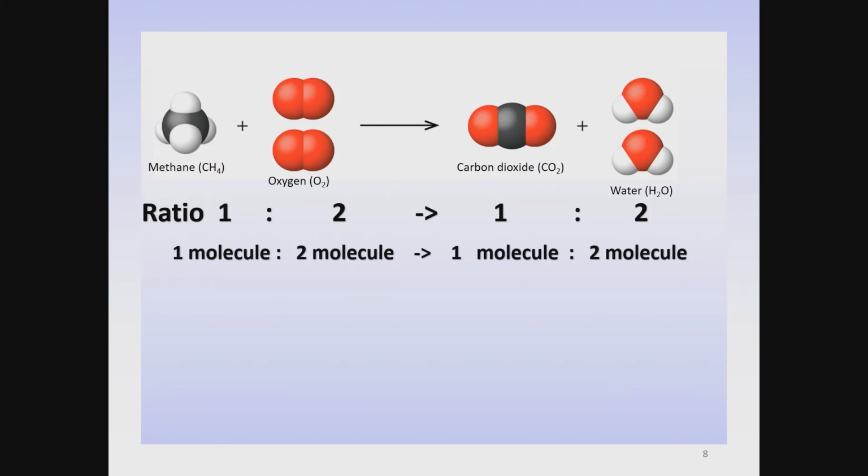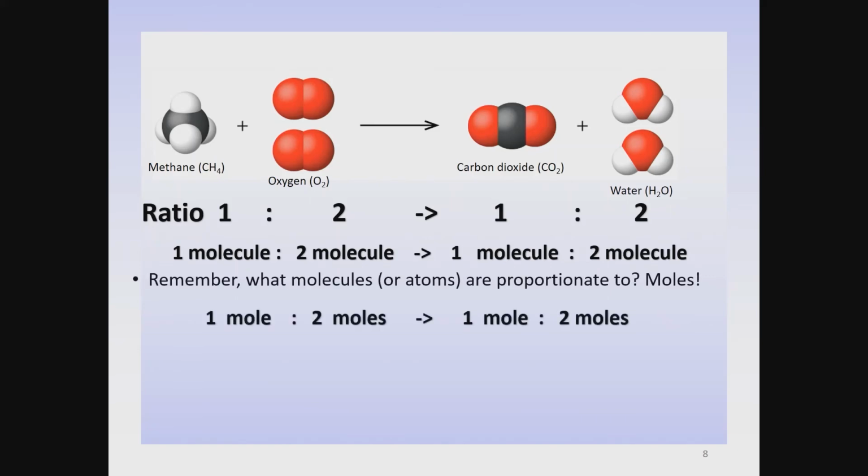So again, 1 molecule of methane reacts with 2 molecules of oxygen to produce 1 molecule of carbon dioxide and 2 molecules of water. One of the things we've learned is that there is a direct relationship between moles of a substance and molecules of a substance. So because moles and molecules are directly related, 1 mole of methane will react with 2 moles of oxygen to produce 1 mole of carbon dioxide and 2 moles of water.